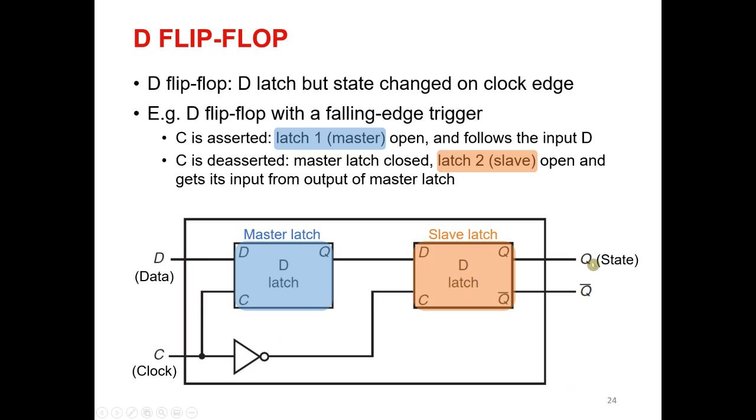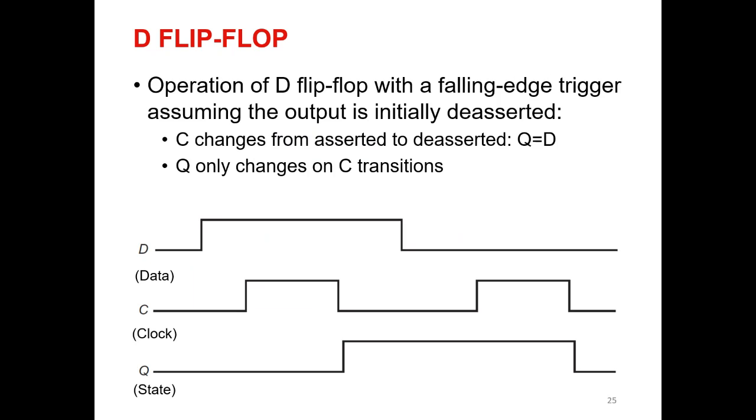And with this we have something similar to the previous D latch. Let's see this graphically. Here we have initially the clock, and we have mentioned that it only changes at the falling edge. So this D flop will only change at the falling edge.